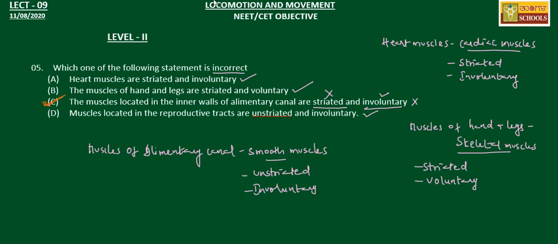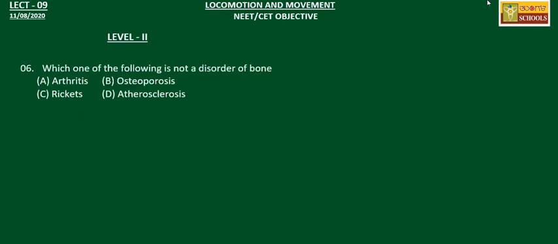So let's see the next question. Which one of the following is not a disorder of bone? So here arthritis is inflammation of joints.